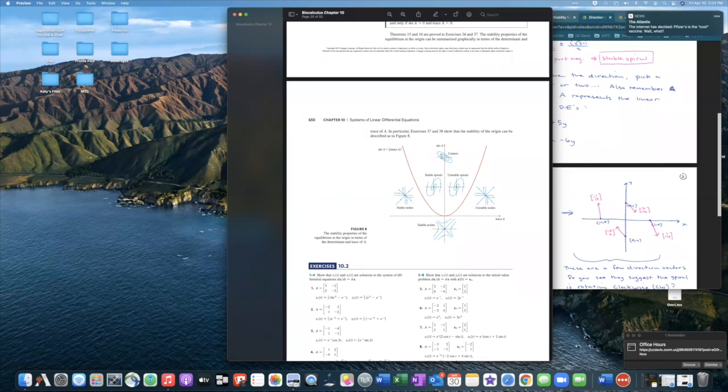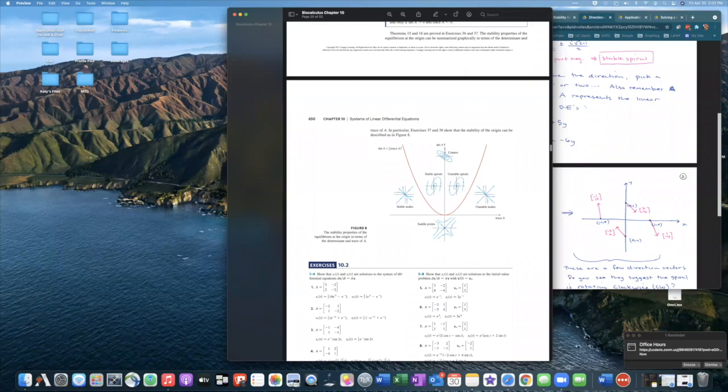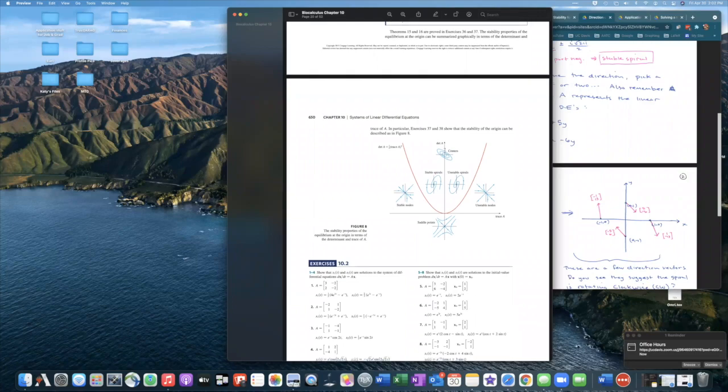And then the only other determining factor is whether the inside of your square root is positive or negative. If the inside's positive, great, you're a node because the determinant is less than 1/4 the trace squared. And if you're up here, you're a spiral because your determinant is bigger than 1/4 the trace squared, and the inside of this is negative.